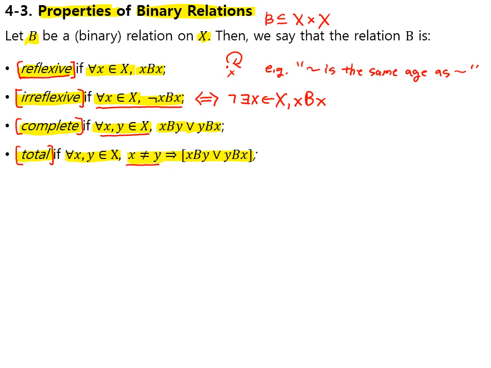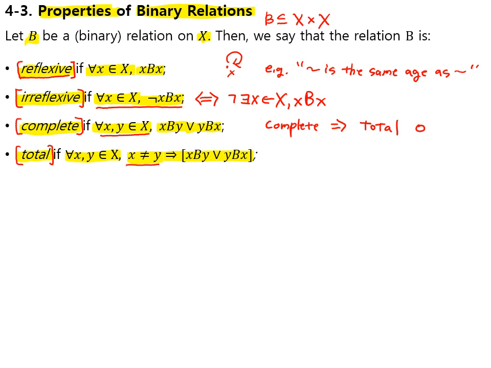So here is a basic question. Suppose that a relation is complete. Does that imply that the relation is total? And the answer is yes, because completeness is a more general property.